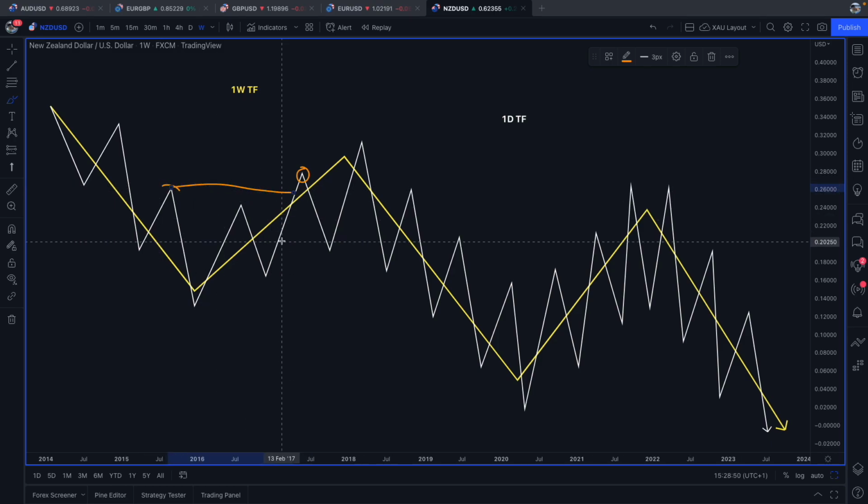So from here, price breaking above, this is a break of structure because price has broken structure to the upside fractally, but it hasn't displaced price because price doesn't actually come up to break this higher time frame swing high. It actually creates a lower high, which is following the higher time frame structure.